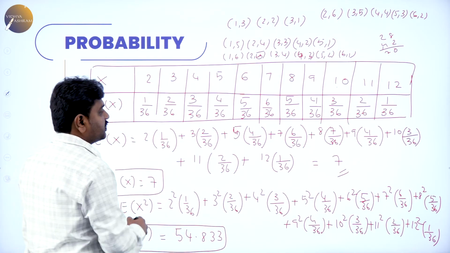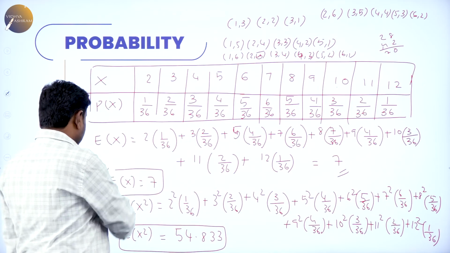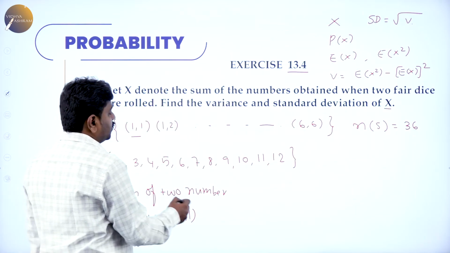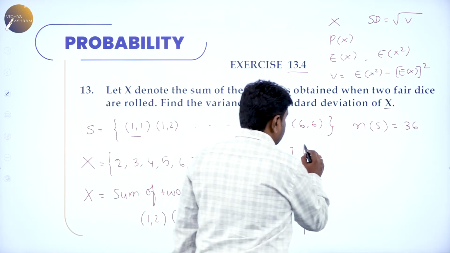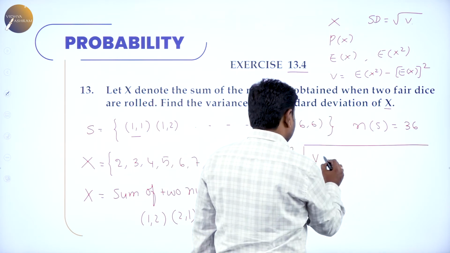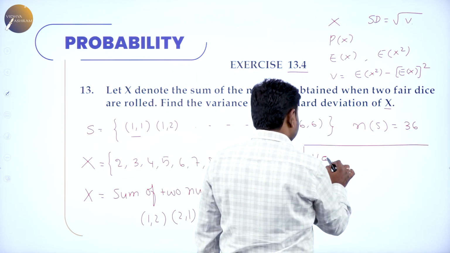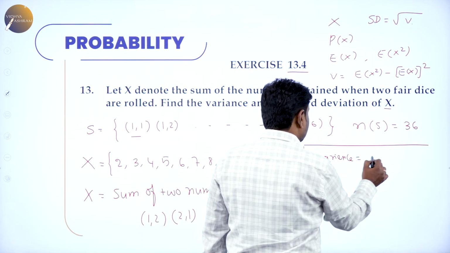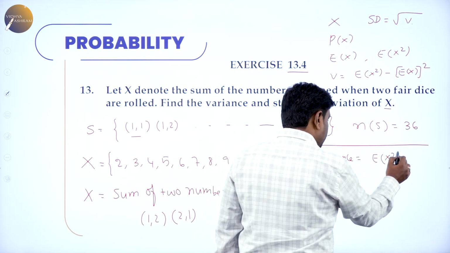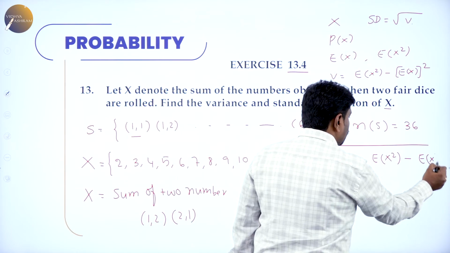Now you got E of x and E of x square. So these are the two values. Now we will go for variance. So now let us calculate variance. What is the variance formula? Variance is equal to E of x square minus E of x the whole square.